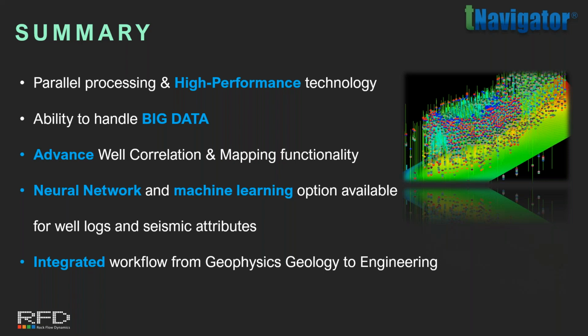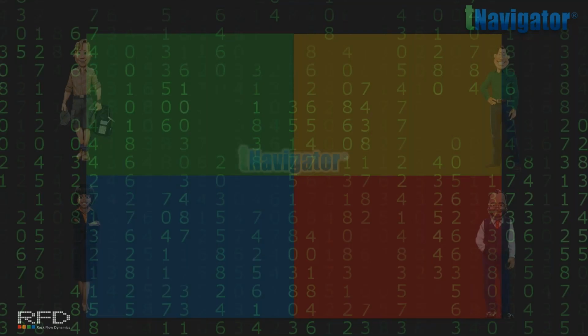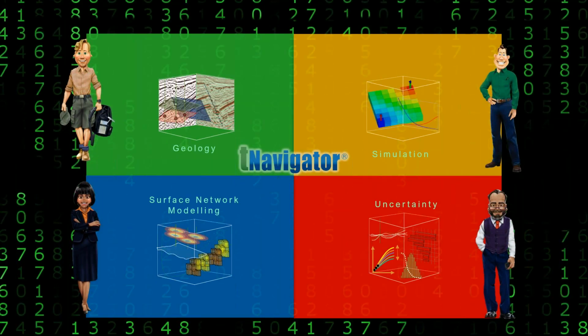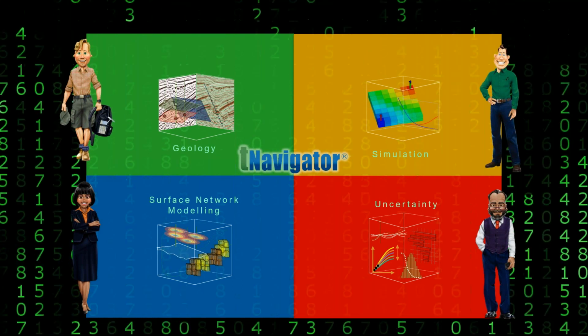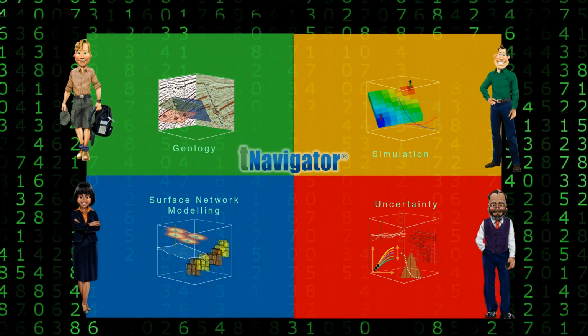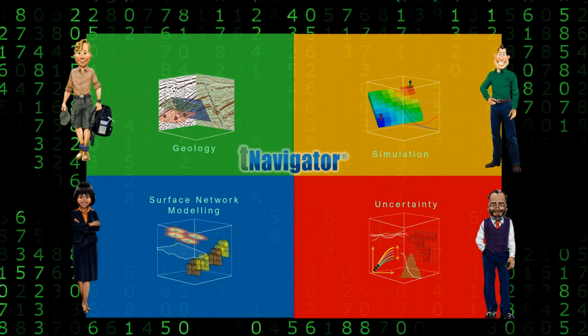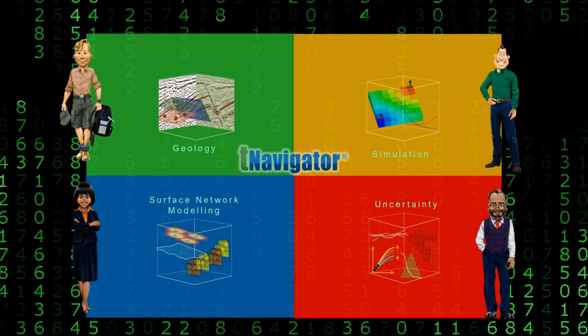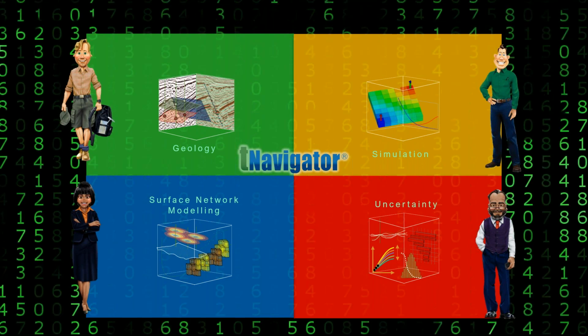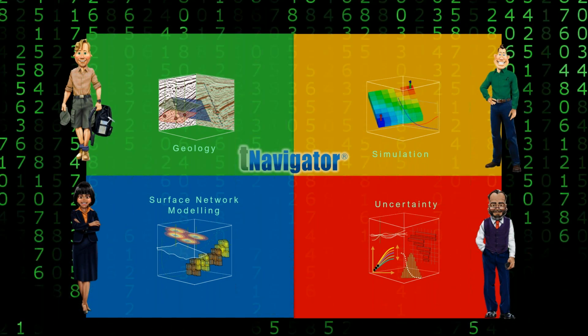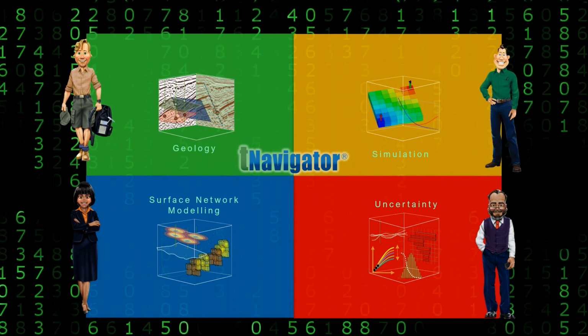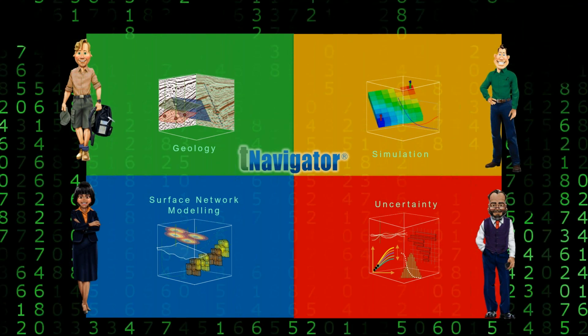So it's integrated on a single platform. Again, tNavigator enables geologists, reservoir engineers, and surface production engineers to combine and do uncertainty analysis in a single platform. And these are all enabled in tNavigator, one product from Rock Flow Dynamics.